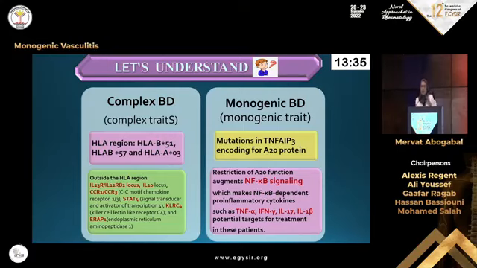On the other hand, there is a monogenic variant of Behçet disease, which results from a single gene mutation in the gene encoding the A20 protein, which results in loss of function and deficiency of this protein, which augments signaling in the nuclear factor kappa B pathway with increased production of pro-inflammatory cytokines dependent on this pathway.